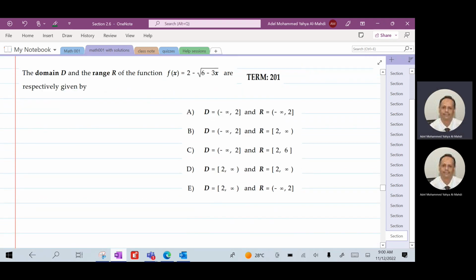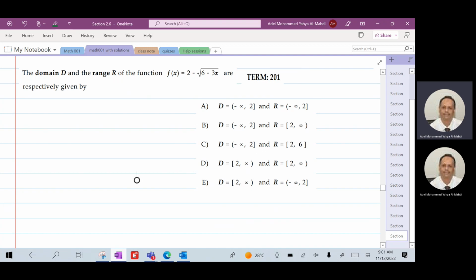One question here was in 201. It is about domain and range of square root of x, transferring right, left, up, and down, and etc. So let me show you how to find the domain and the range without graph. The domain is easy. To find the domain, we solve 6 minus 3x bigger than or equals to 0.